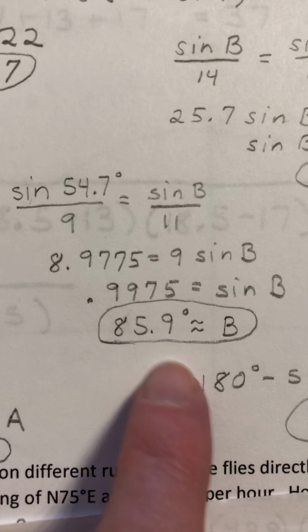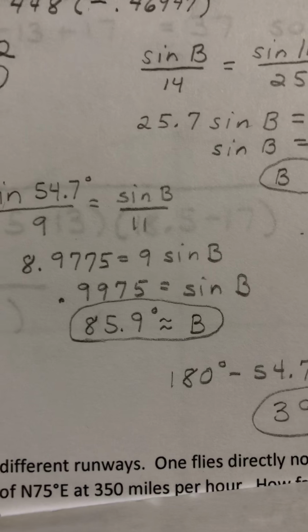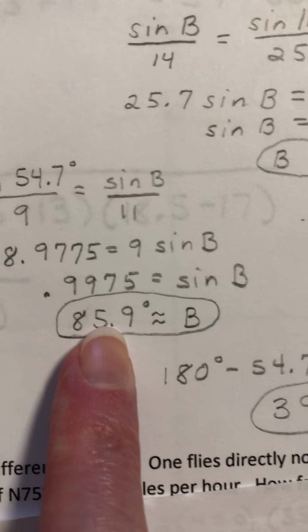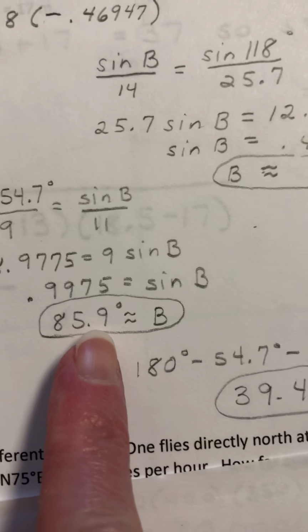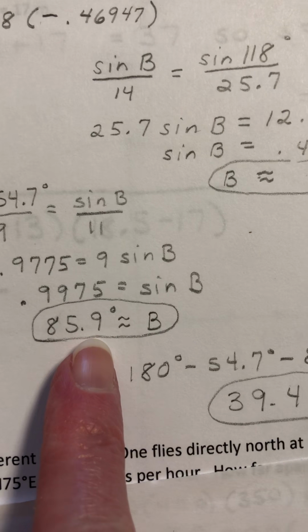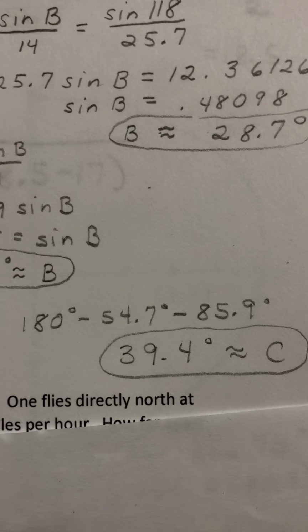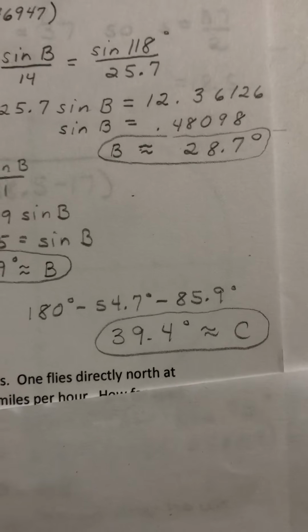And then use the inverse sine, and the inverse sine will give you the angle measure. Once again, once you have found two angle measures, just subtract from 180 degrees to get the third angle measure.